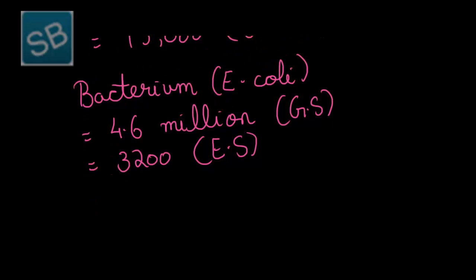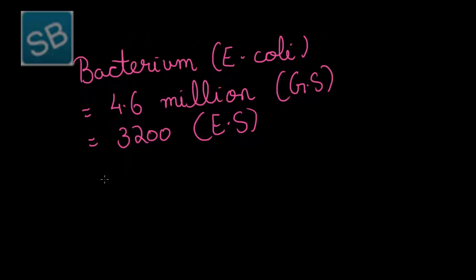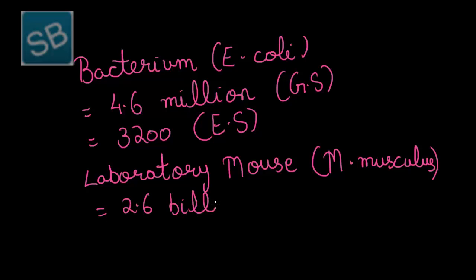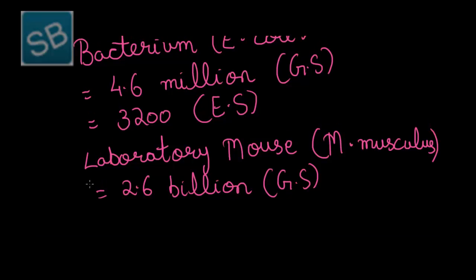The other organism that was studied was laboratory mouse, with scientific name M. musculus, whose genome size was about 2.6 billion, and the estimated number of genes was about 30,000.